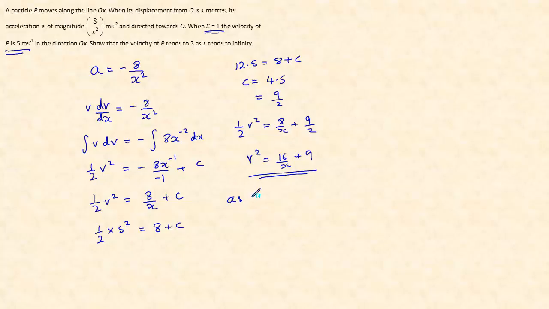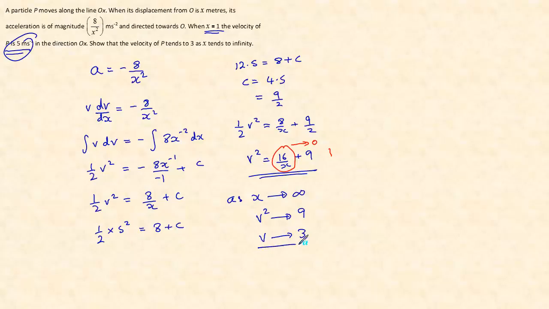So, as x tends to infinity, this term here is going to tend to 0 because the x is dividing here. So as x tends to infinity, v squared tends to 9, which means that v tends to 3.